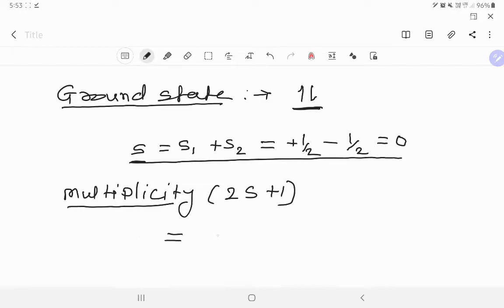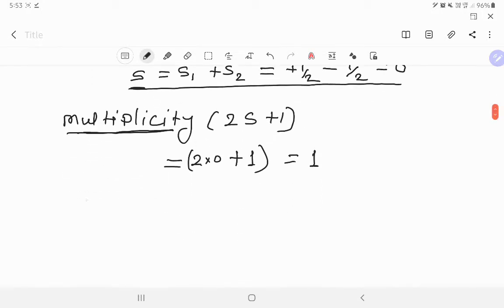Multiplicity 2S plus 1 will be 2 into 0 plus 1, which means it will be 1. Multiplicity of that particular state is 1. It is called a singlet state.